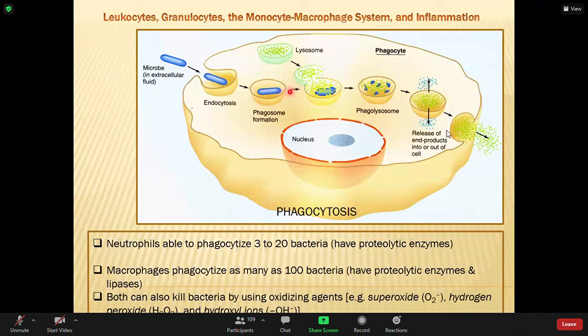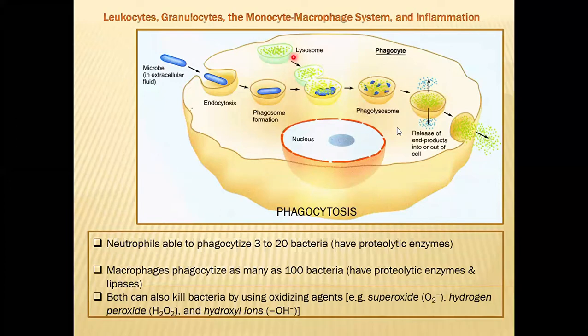Then inside the macrophage, you also have this lysosome. It's a vacuole filled with enzymes. It contains those elements that will neutralize or kill the organism. So the phagosome fuses with the lysosome to form a phagolysosome, and it starts the intracellular killing of that microorganism.